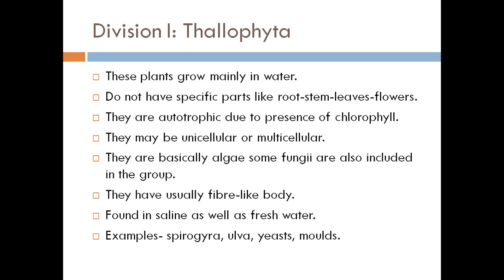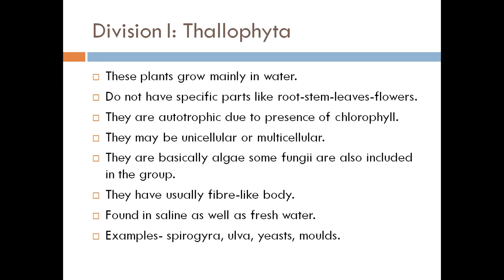They do not have specific parts like root, stem, leaves and flowers. So if you look at the plant, you won't be able to divide that plant into these four sections. You cannot differentiate root, stem, leaves or flowers. It's just the same section. They don't have all these parts.